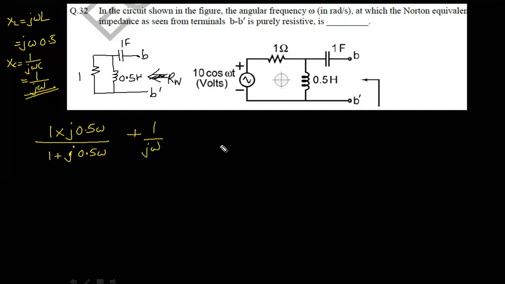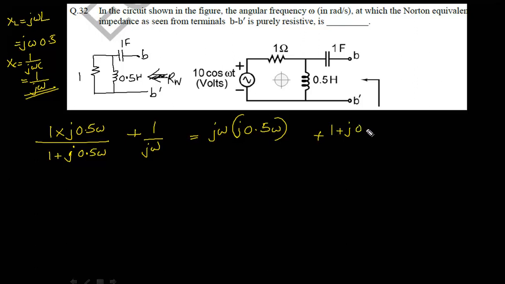Our aim is to equate the imaginary part to 0 for this expression, right? So multiplying J omega into J 0.5 omega, plus 1 plus J 0.5 omega into 1.